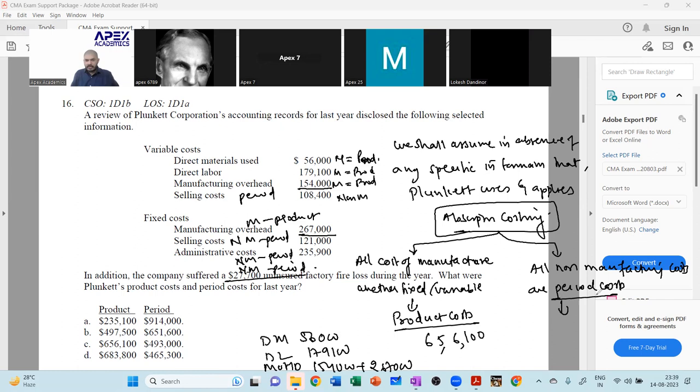Now I'm going to period. In period, what will come? Selling costs will come. They are 108,400. Then we have fixed selling costs, which are 121,000. Then we have admin costs, which are 235,900. So what is the total? 108,400 plus 121,000 plus 235,900.